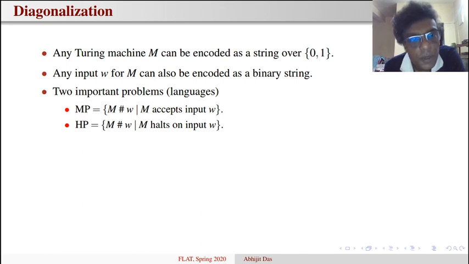The first one is called the membership problem, which accepts as input a Turing machine M, or more precisely the encoding of a Turing machine M, followed by a separator hash, followed by the encoding of an input for M. This language consists of all those pairs M and W, such that M accepts the input W. Likewise, we can define a halting problem as the language of all M-W pairs, such that M halts on input W after accepting or explicitly rejecting.